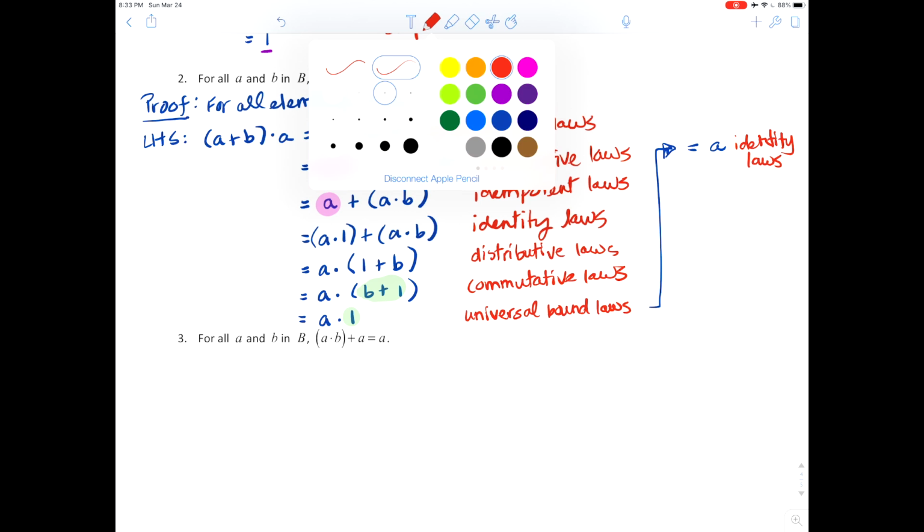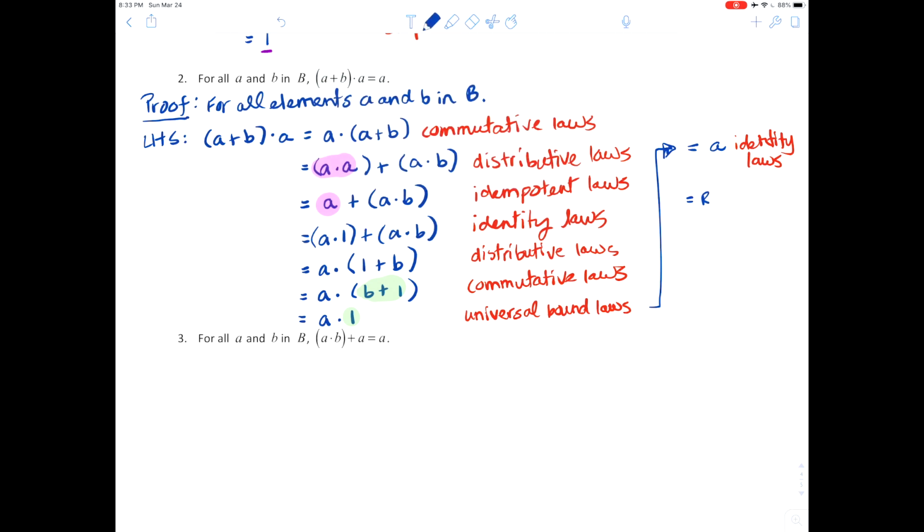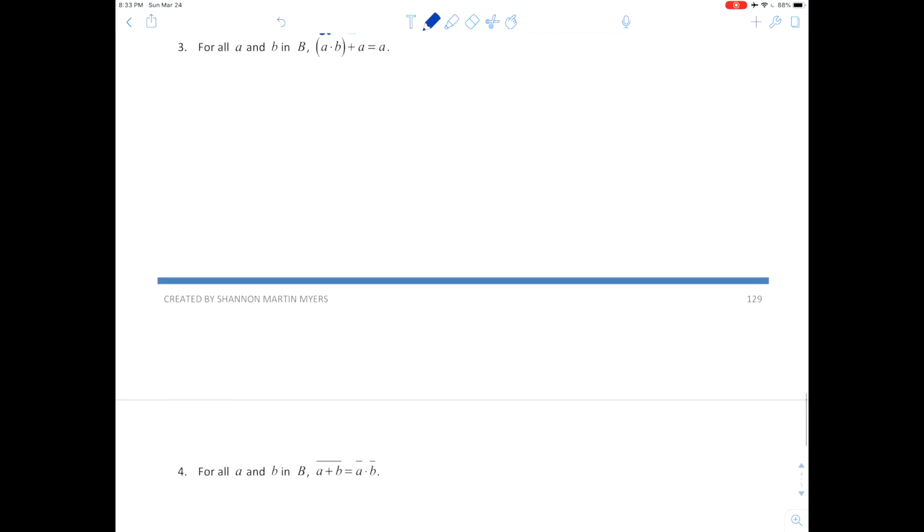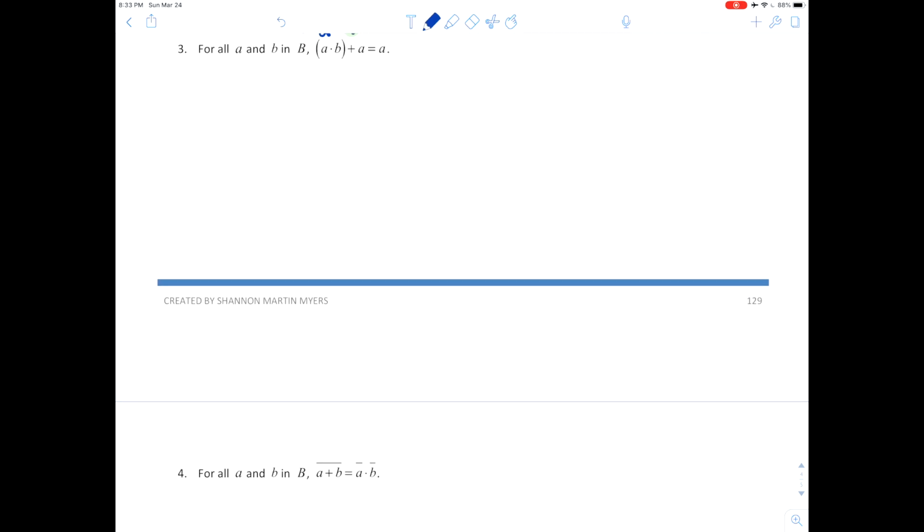And that, of course, is equal to our right-hand side. And we're done with that problem. Cool? Awesome. All right, and then the third example, we have for all A and B, A and B or A is equal to A.